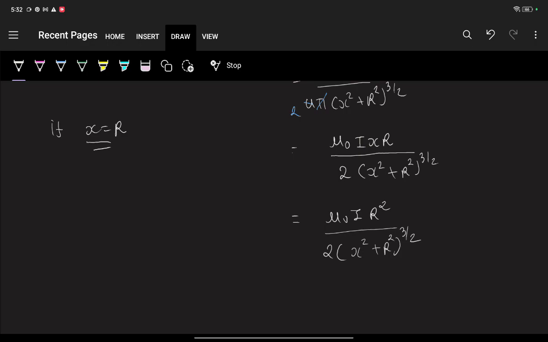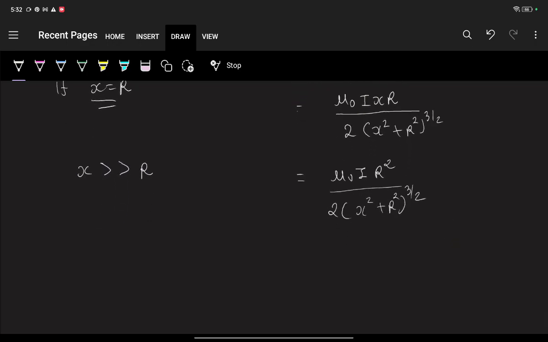And now, what if the distance x was way greater than the radius? Then we can simply ignore this x square term, right? Correct, but then your x is very great, right? Yes, sorry. It's not supposed to be that. If x is way less than r, then we can ignore it. So finally we will get r cube, right?